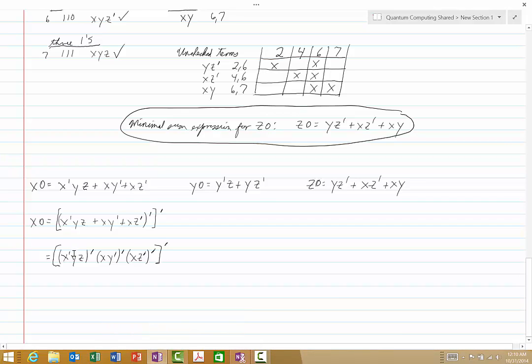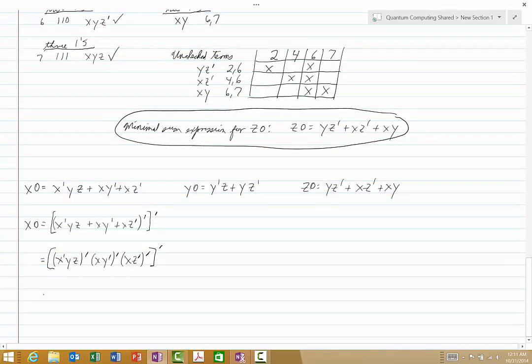Well, notice that if we had y ANDed with z, if we had that calculated, then this could be calculated with a 2-input NAND gate. So what I'm saying here is that we can think of this in the following way. We'll have x prime, and then we have y ANDed with z, and then the result of that will be NANDed with x prime.